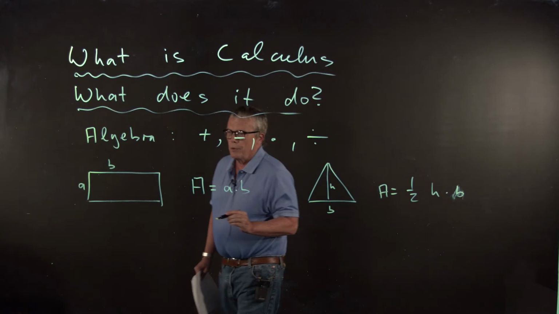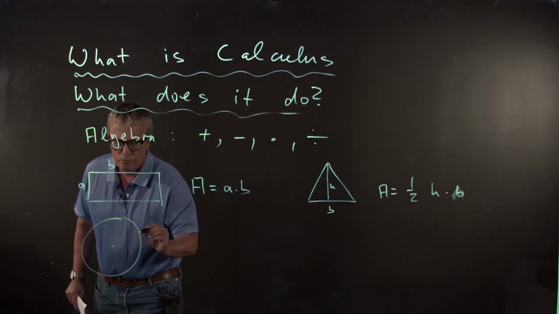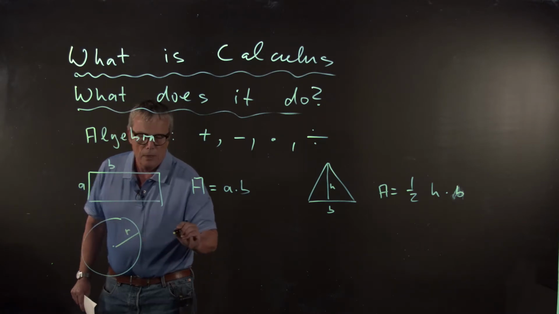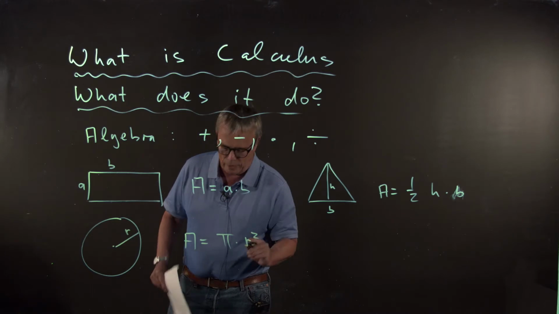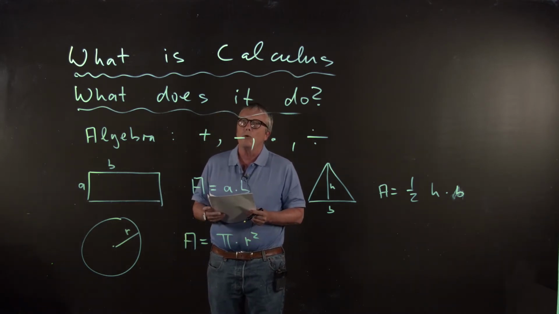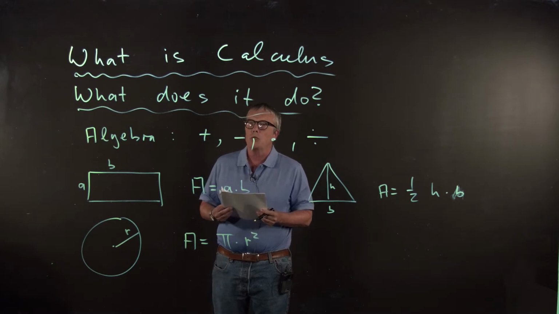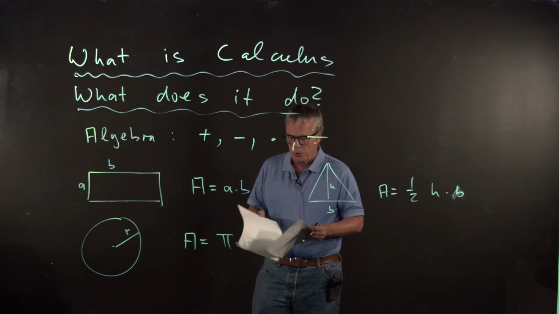And for example, the area of a circle, with a radius r, the area is pi times r squared. So these are typical things we can compute using algebra: addition, subtraction, multiplication, and division.